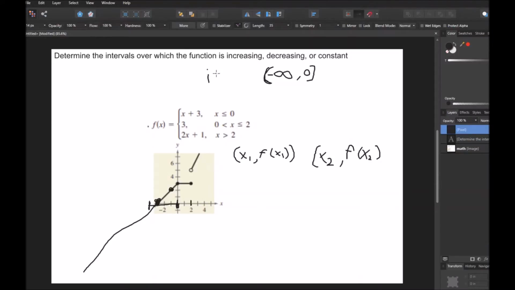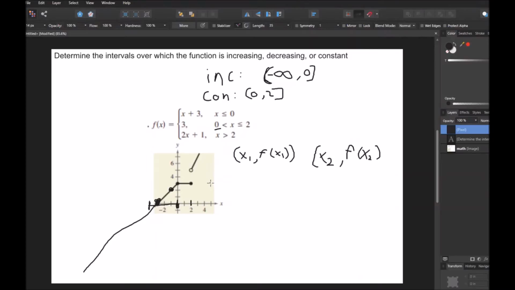So I'm just going to write increasing to keep this all organized, and then constant, and that's going to be constant from 0 on an open bracket to 2 with a closed bracket. And it's open bracket for this one because 0 is not included in this interval. You can see there's no underline here, so it's not included, but 2 is included because there is that underline meaning up to and equal to 2.